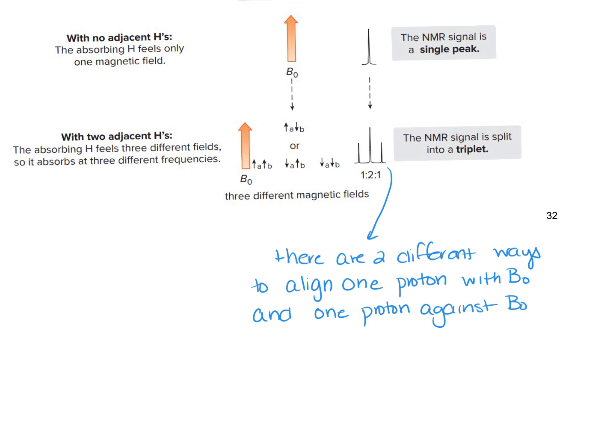Okay, so it's this right here that we're talking about, and that corresponds to the middle peak here. Okay, so because there's those 2 ways, the middle peak here is twice as intense as the 2 outer peaks, and that makes the ratio 1 to 2 to 1 because there's 2 ways that that proton can align with or against the field, right?